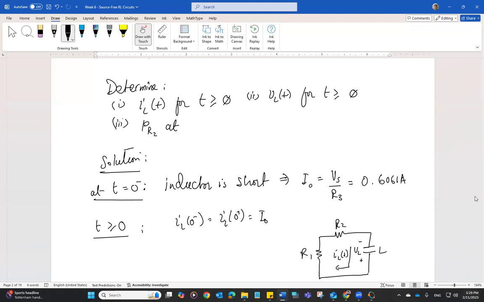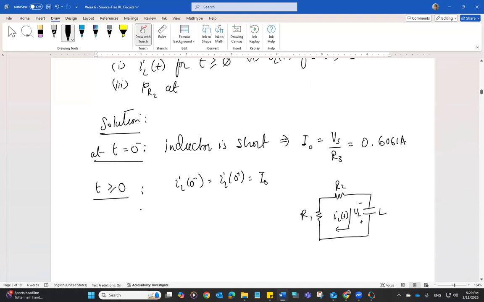So what we have to figure out is, first of all, part 1, your inductor current, and that is I naught e to the power negative t over tau.